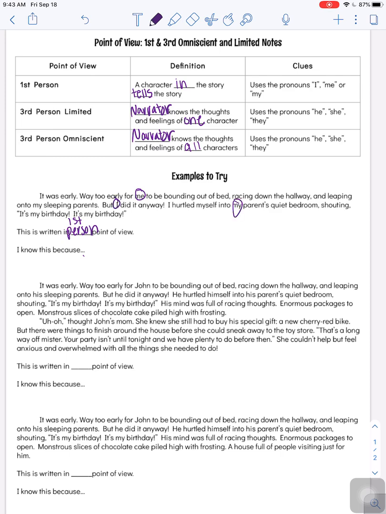So I know that this story is written in first person because it is told in the character's point of view. And it uses pronouns like I and my.